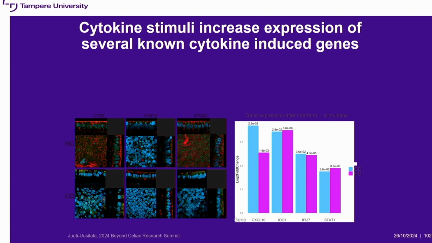Anyhow, there is IFI27, STAT1, and CXCL10 induced by the interferon gamma, which are very well-known genes induced by interferon gamma. But the morphology of the cells appears to be normal even after 48-hour induction.